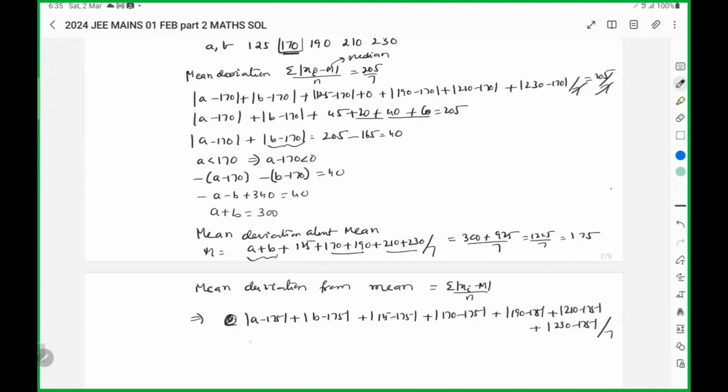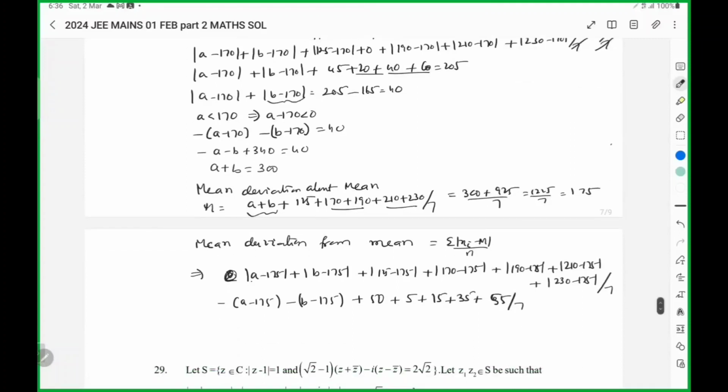As A and B are less than 125, these will be negative: minus of A plus B minus 350, so 50 plus 5, 190 minus 175 is 15, so 35 plus 55, the whole divided by 7.